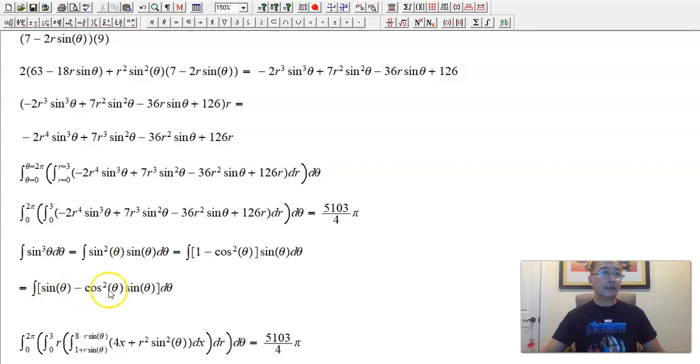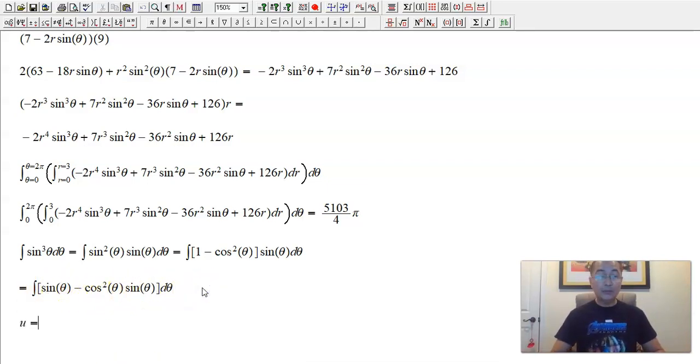We know how to integrate sine theta. What about this? We need a new substitution. If u is our cosine theta, then our du will be negative sine theta d theta. That's convenient because there's a minus over there. So that is a plus u squared du. Integrate, that's going to be 1/3 u cubed.